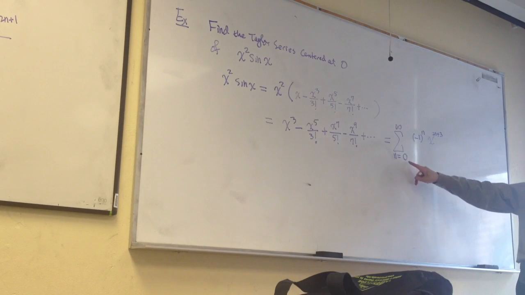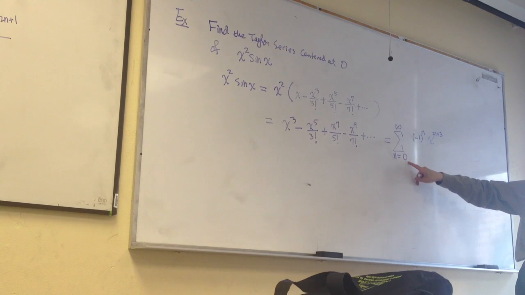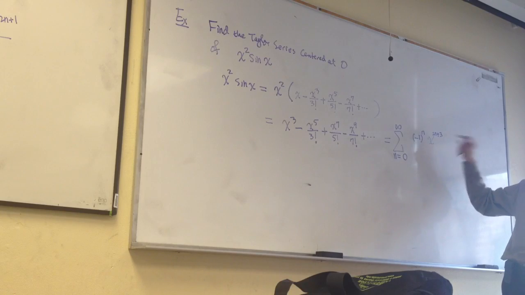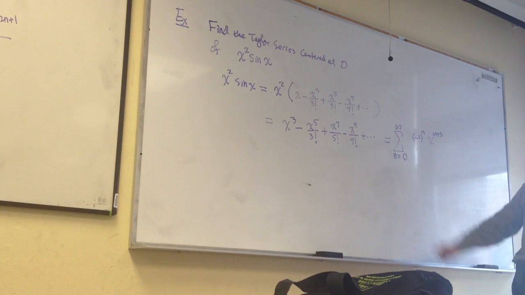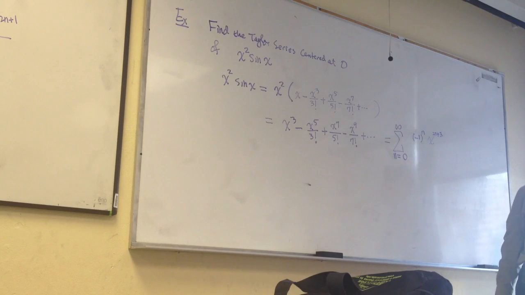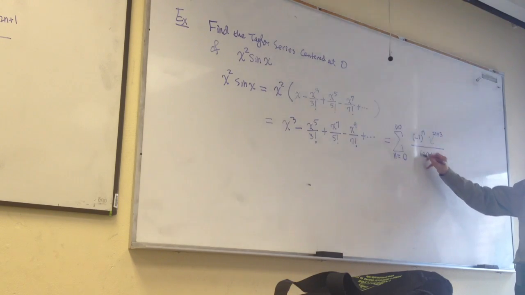That's why I say it depends upon what you want to do. Here, the counter has to be designed differently. Had I let n start with 1, then it would be 2n plus 1. But if I let n start with 0, then you have to write 2n plus 3 here. And then divided by what? 2n plus 3 factorial. Sorry, 2n plus 1 factorial.